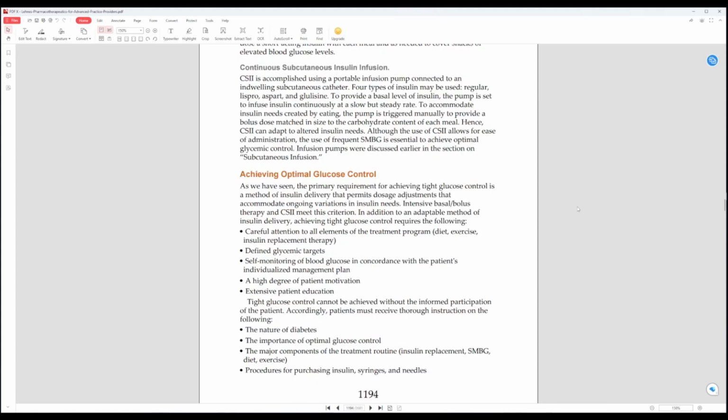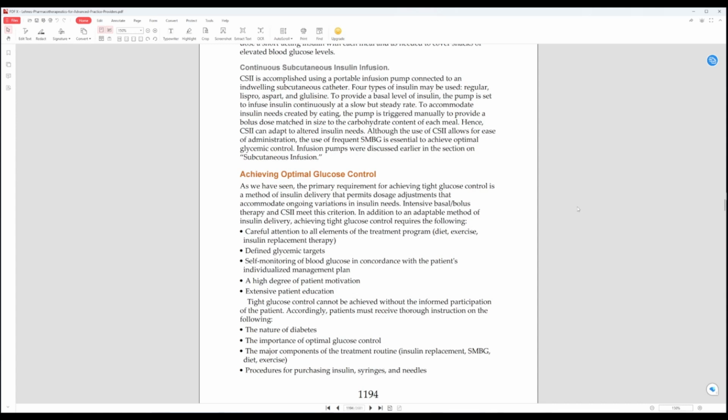Continuous subcutaneous insulin infusion. CSII is accomplished using a portable infusion pump connected to indwelling subcutaneous catheters. 4 types of insulin may be used: regular, Lispro, Aspart, and glulisine.